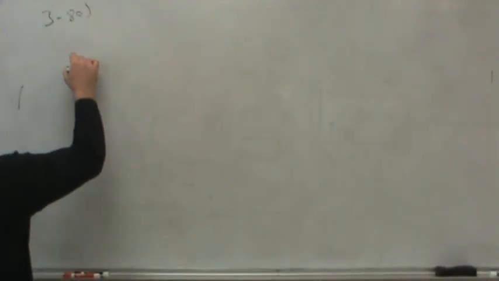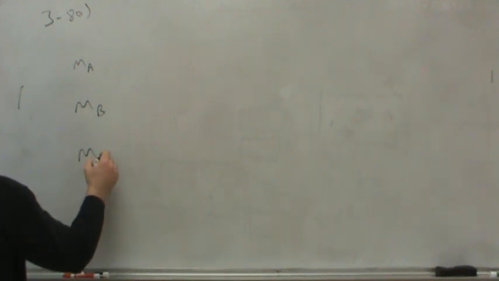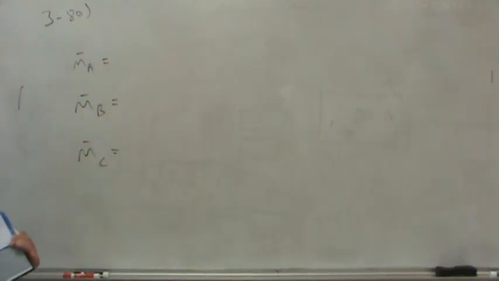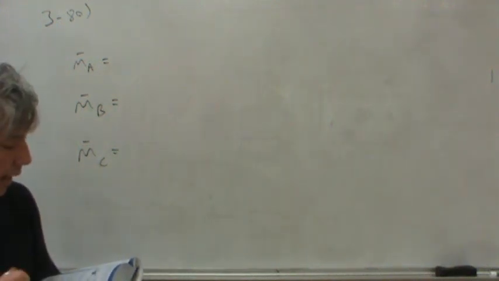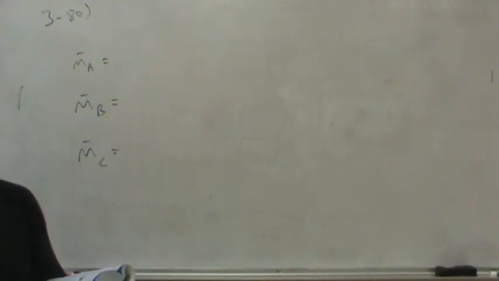Let's call the couple about A, MA, the one about B, MB, and C, we'll just call MC. Let's write these down as vectors. The moment for shaft A, that 1,200 foot-pound torque, has a component along the z-axis. Most of it's along the z-axis, some of it's along the negative y-axis.